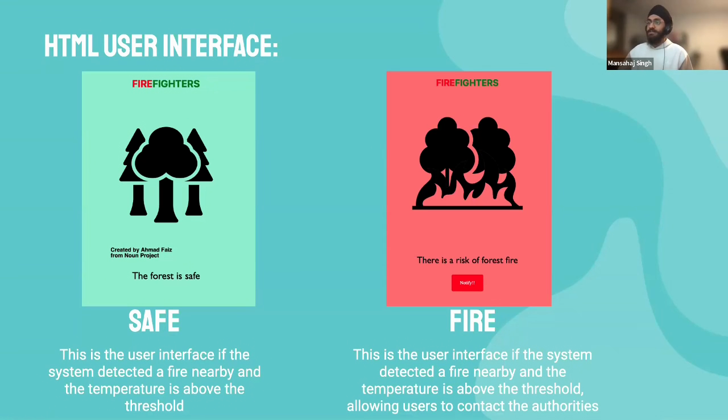The next one is whenever on the circuit, we see that the thermoresistor sees that there is a spike in temperature and there might be a risk of forest fire. We see this UI. This has a red color which shows that there is a risk. And also on the bottom, there's a button which when you click upon, it redirects and you're able to call the municipality or the forest department, which can then take action.